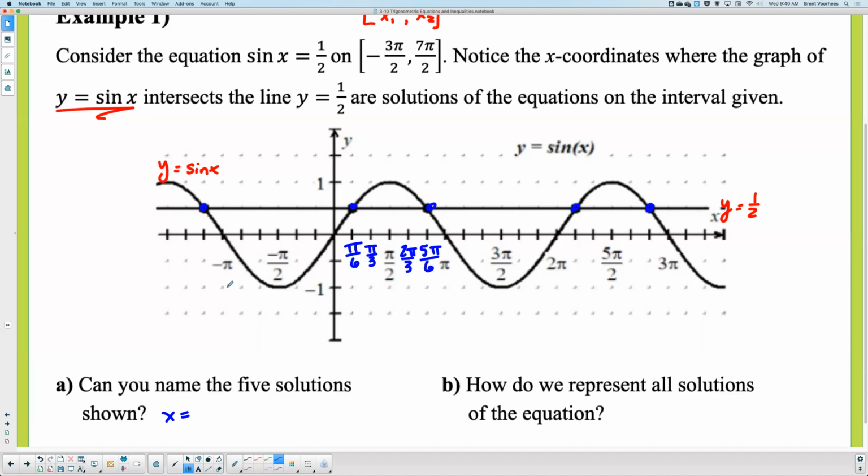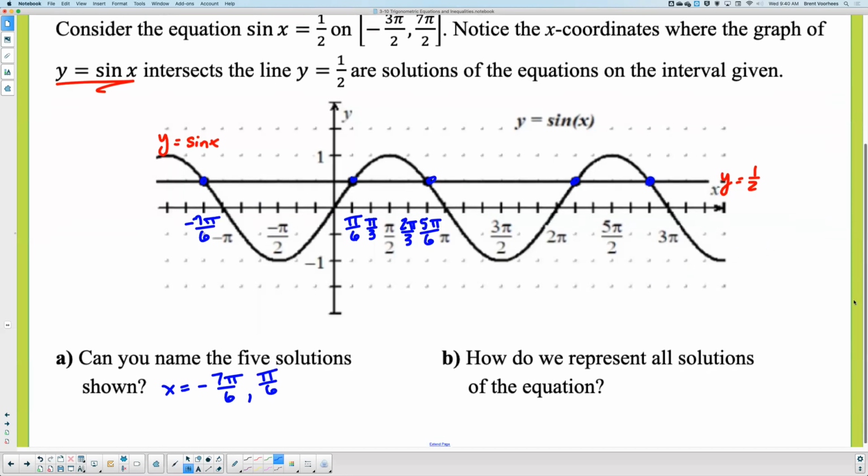Okay, so let's list out our answers. I'm going to start with this one right here. So this is -1, -2, -3, -4, -5, -6, -7 pi over 6. That's -7 pi over 6. Does that reduce? No. So that's our first answer: -7 pi over 6. Our next answer would be 1 pi over 6.